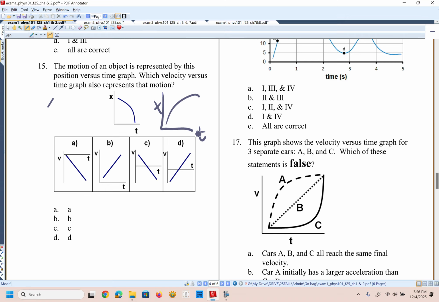That means my velocity should be big and positive, which means that that one and that one are both not options because part A starts with a small negative velocity and B starts with a small positive velocity. But the slope right here is big and positive, like right here. Oh, that gets rid of that one too. Oh, I'm sorry, it doesn't actually. All right, it should go all the way over like that. So this one starts with big and positive. It goes to 0, and then it ends at big and negative, just like that.